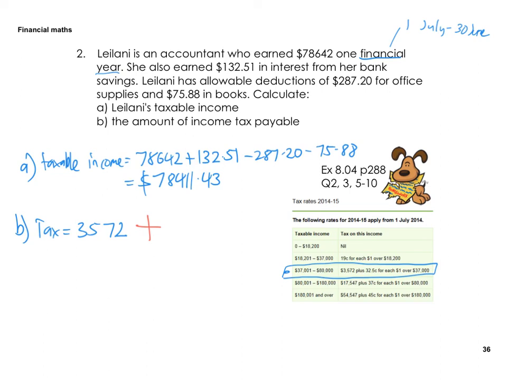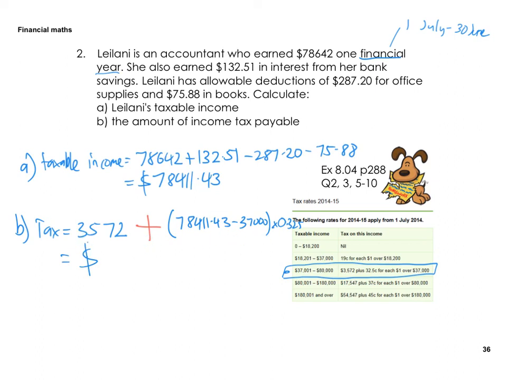So brackets, 78,411.43, take away $37,000, then times that by 0.325. Because remember, we're making this into dollars. Now type that up. And don't forget that this plus all of this.